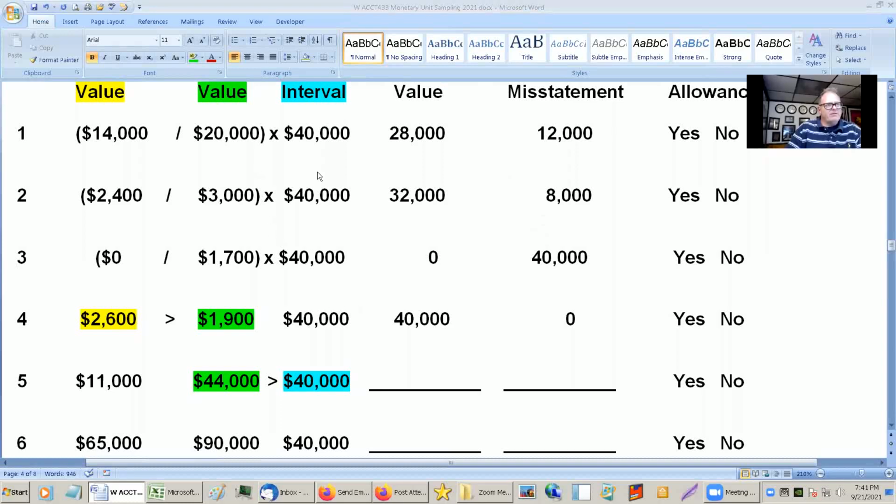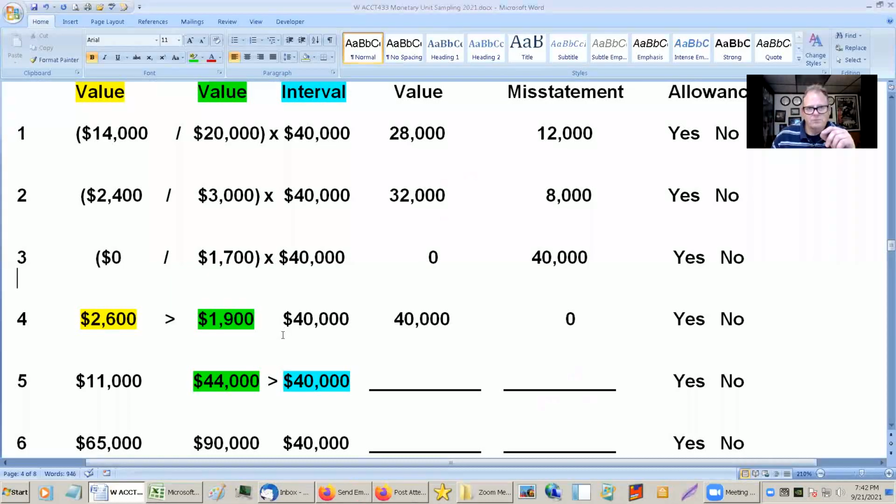For number 5, it's 100% sure that one is going to get caught. The book value is 44,000. It's going to cross an interval, the $40,000 interval. It's possible it crosses 2 intervals, but it certainly will cross 1. So there's a 100% chance that that one is going to get caught.